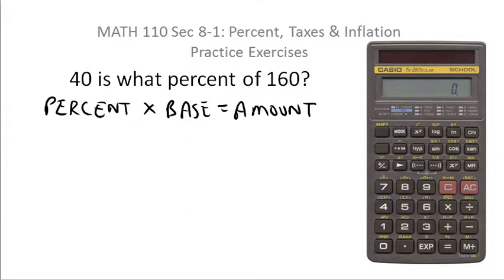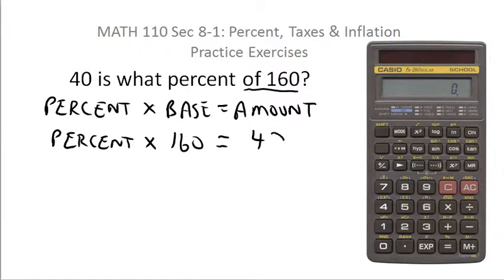This time it says what percent, so obviously we don't know the percent this time. You could just use P if you like. I'll just write the whole word percent out. The base is the thing we're taking the percent of, so that would be 160. So obviously the amount is the other number, 40.